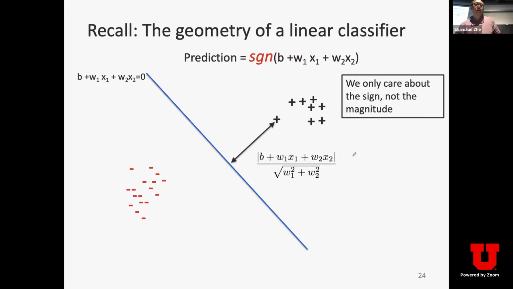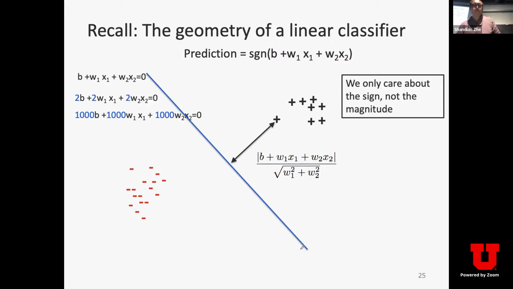So basically, you can arbitrarily scale b, w1, w2, as long as you scale them by the same positive factor, it doesn't change the linear classifier at all. Geometrically, it doesn't change the position of the boundary at all. Say you multiply all of them by 1000, it gives you the same linear classifier.